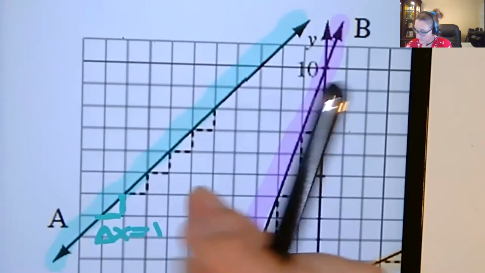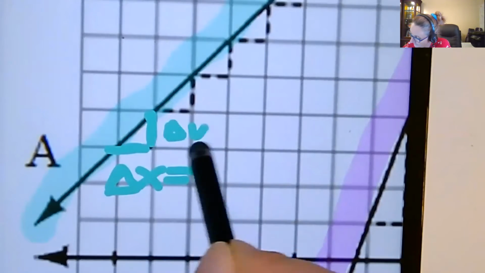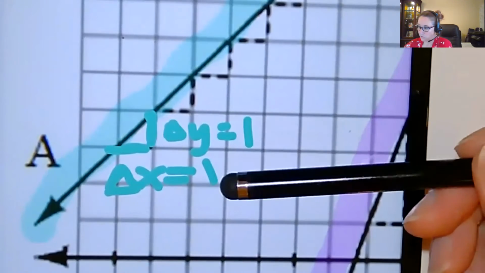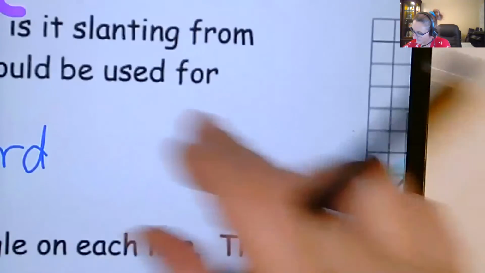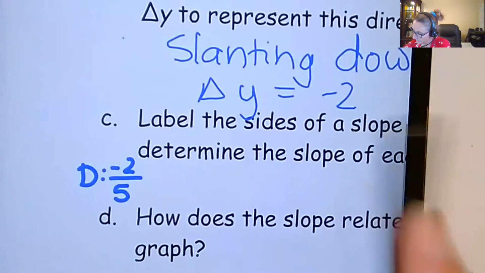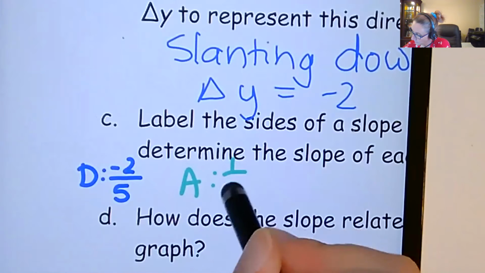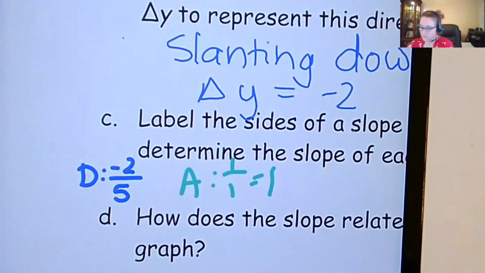And this, let me make it a little bigger so we can see a little better. This is your change of y, and that change of y is 1. So we're going to have 1 over 1. That's going to be the slope of A. So A, the slope is 1 over 1, or just 1 if I'm reducing it.